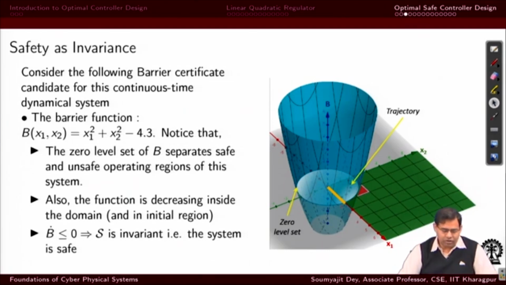So, let us see. Let us consider our same older barrier function, if you remember, which was x1 square plus x2 square minus 4.3. If you try to create the 0 level set here, it will be a circle like this, with radius equal to 4.3.